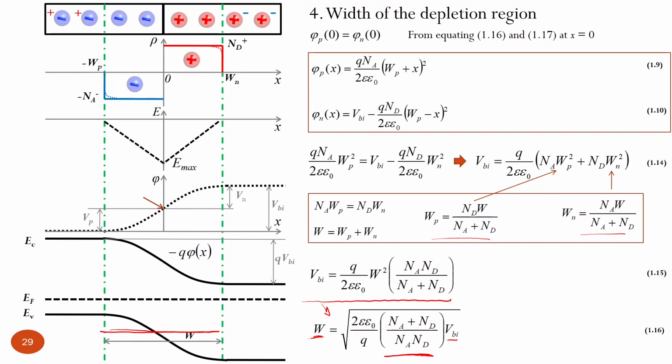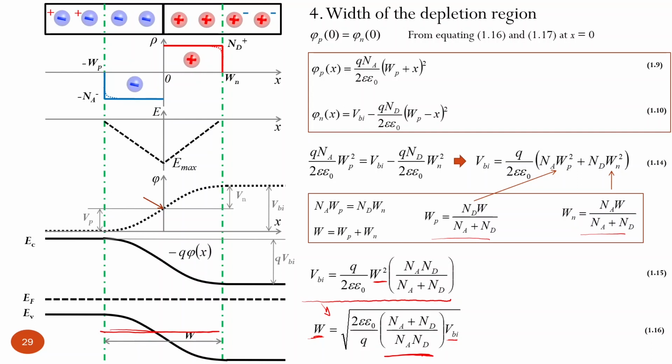ND square over NA plus ND squared. So we get this W in square, and then we express W as the square root of this from this equation. And then NA could come out.